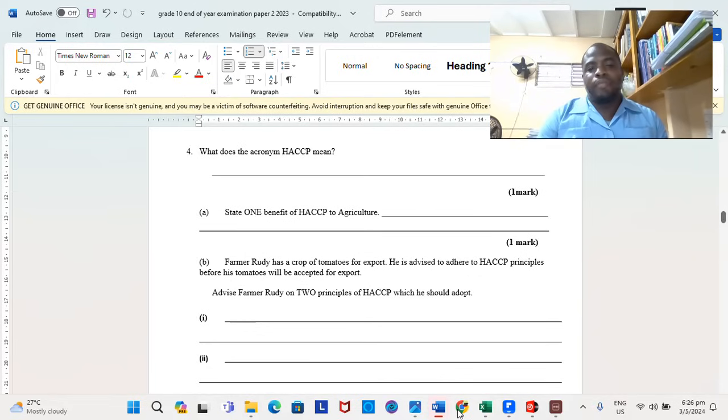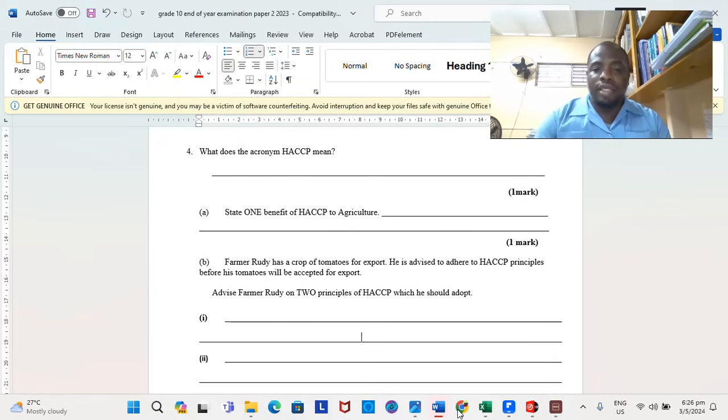The next principle that you may want to visit is, after you identify, you have what we call a critical control point. Now, after you've identified your hazard, what is it that you can do?